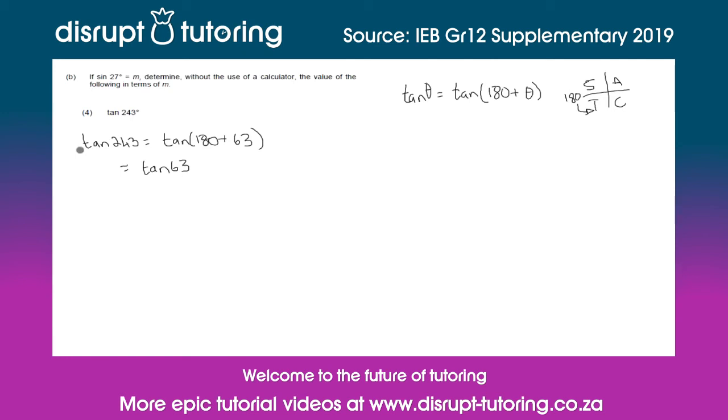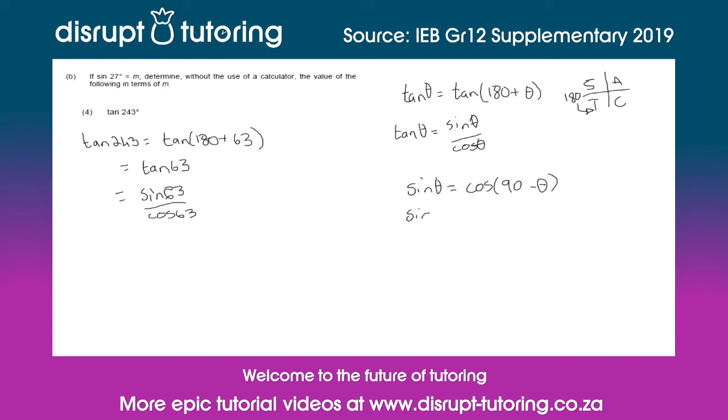And then also using another trig formula, we do know that the tan of theta equals sine of theta over cos theta. So this will then mean that this equals the sine of 63 over the cos of 63. Then we need to use our reflex angle formulas because we know that the sine of theta equals the cos of 90 minus theta.